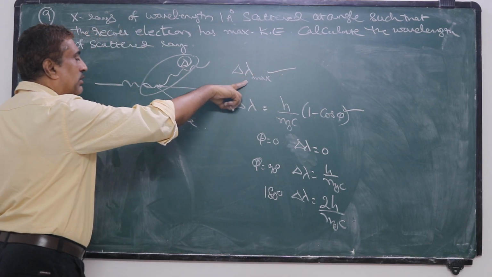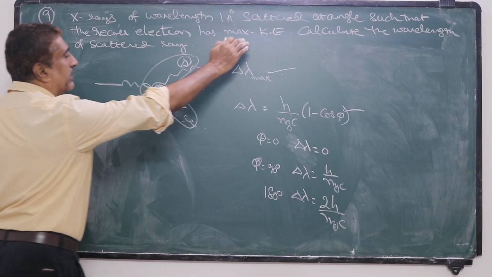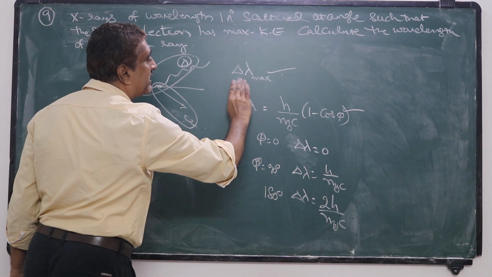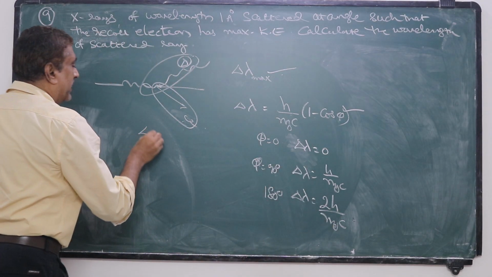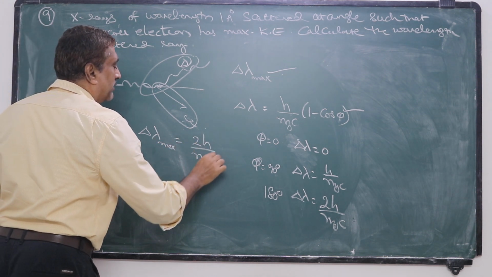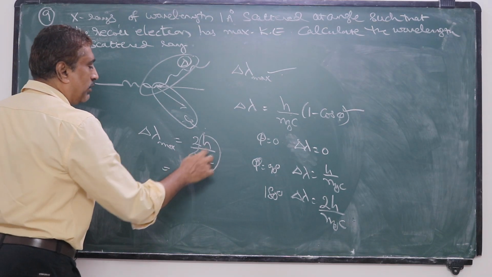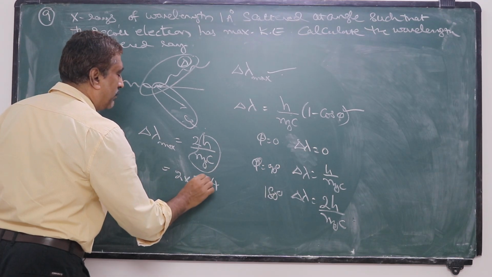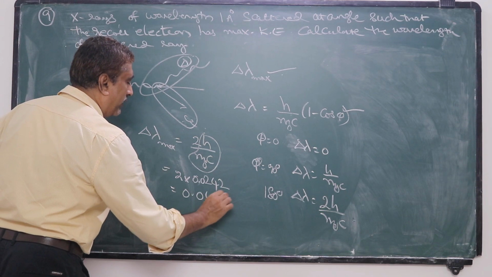So if we get maximum shift, the electron gains maximum kinetic energy. Given that in this case the electron gains maximum kinetic energy, that means the shift is maximum. So you can write delta lambda maximum is equal to 2h by m naught c. We can calculate this as 2 into 0.0242, that is 0.0484.